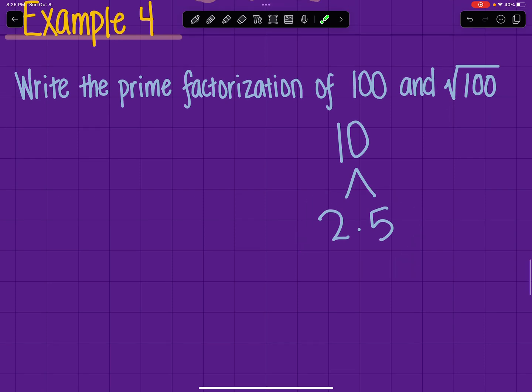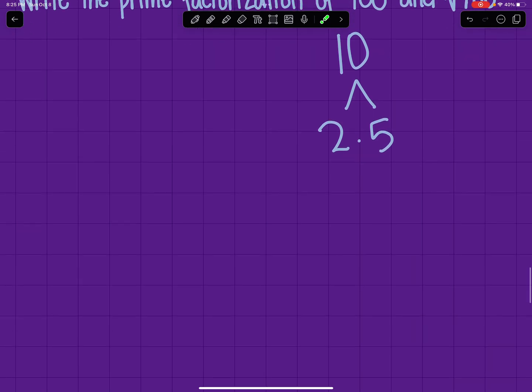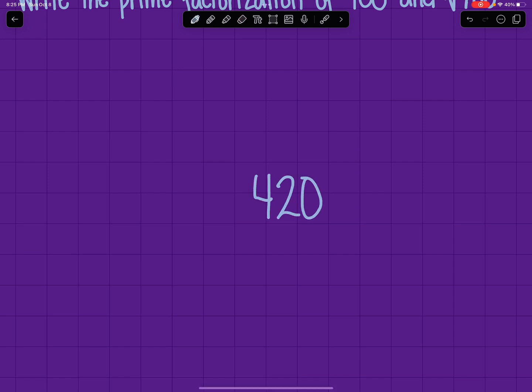The other way to do prime factorization, which I don't really love, I think it's a little bit more complicated, but you can choose which way you like, is to do a division problem. If you start with 420, you're going to find the lowest prime number that you can divide into that, so that will be a divisor.